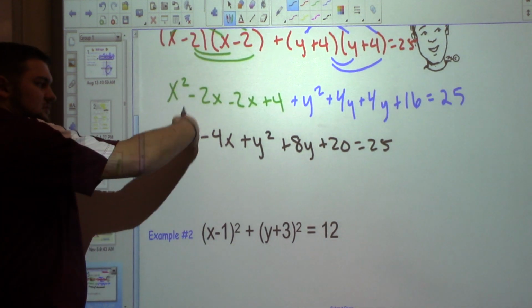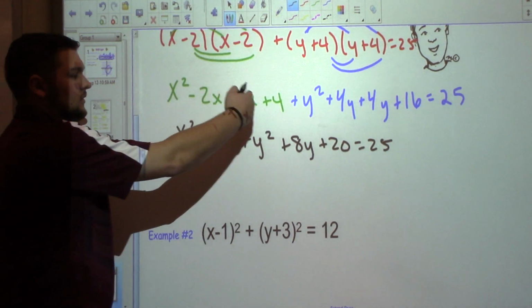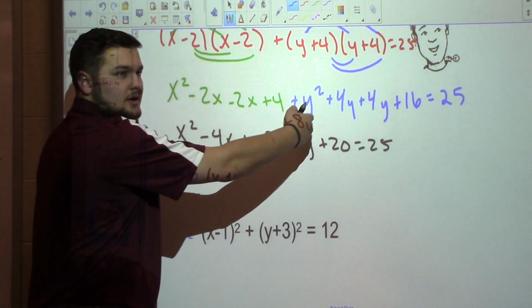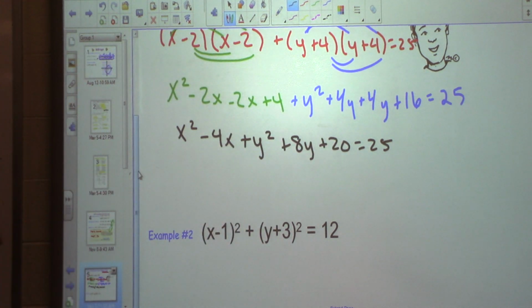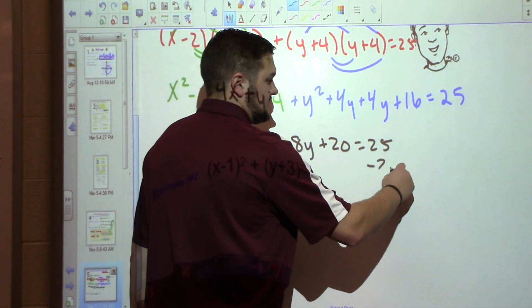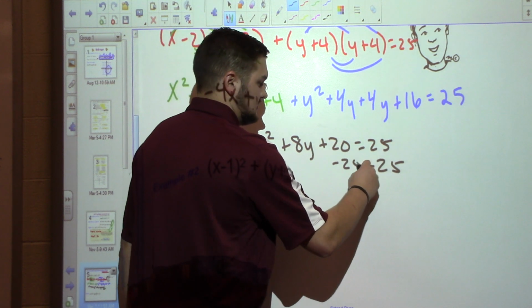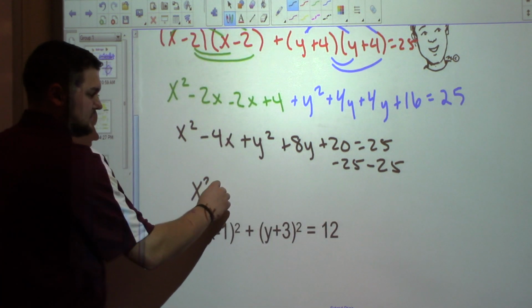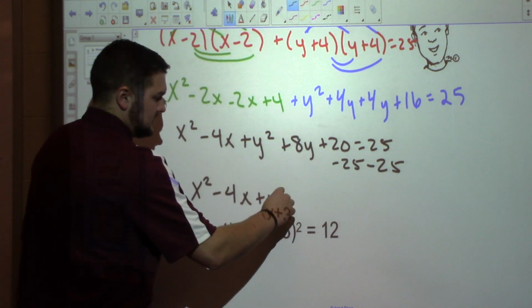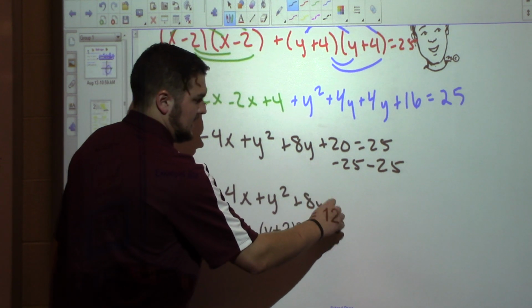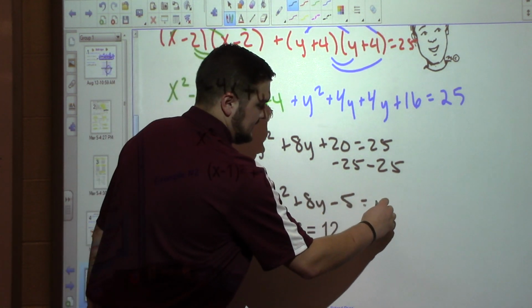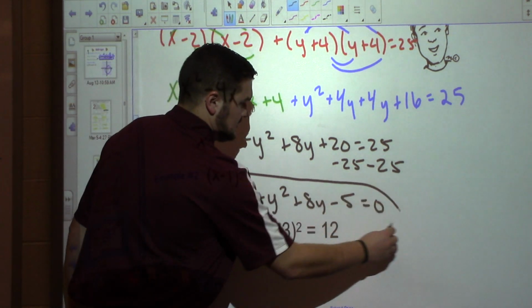I'll put x squared, then my x term, y squared, then my y term, and then my constant, the one without any variable. Alright? And the last thing I need to do for this problem is get it equal to 0. So I need to subtract 25. X squared minus 4x plus y squared plus 8y minus 5 equals 0.